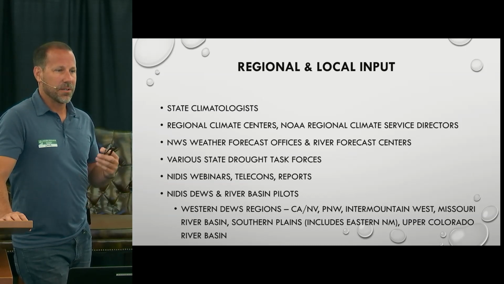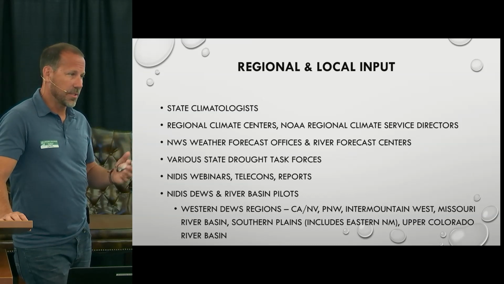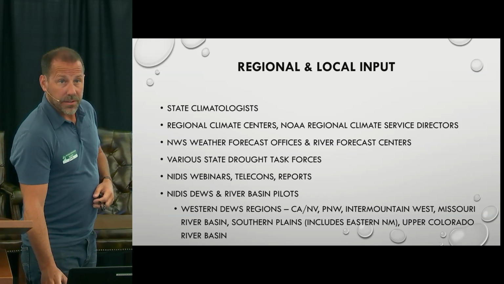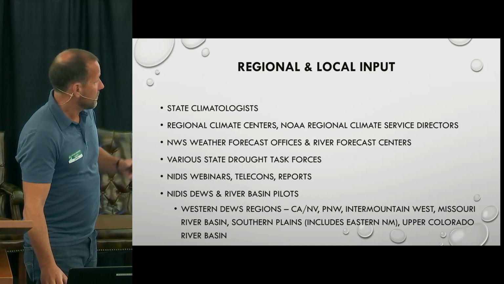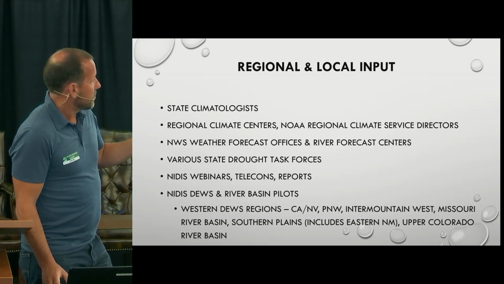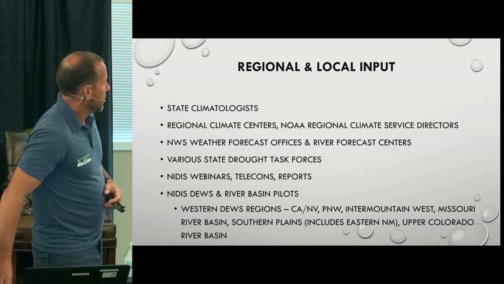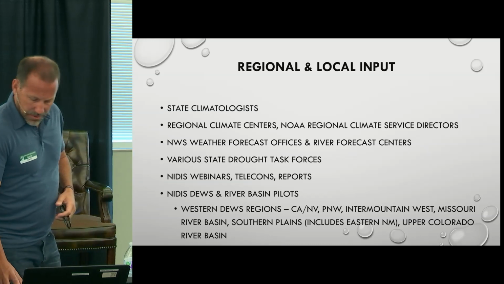And we talk about the current conditions during that, so it's a good opportunity to talk about conditions. As well, you can see there's the various DEWs in the west, and those are the drought early warning systems that were put together by NOAA. And you see those are the western ones.